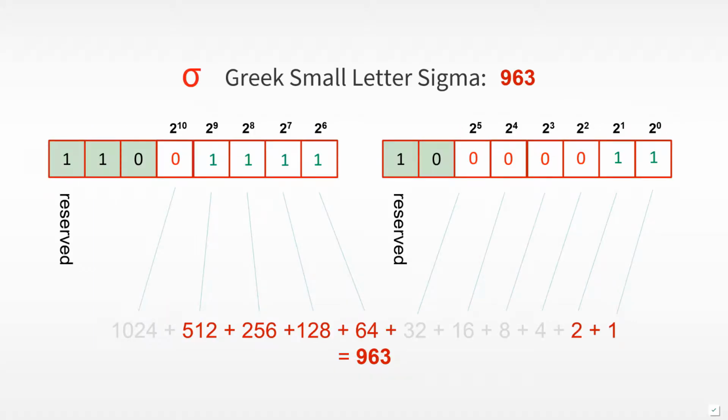We have already seen how decimal numbers can be related to characters. For example, the Greek small letter sigma being represented by the number 963, and how these numbers can be represented based on the UTF-8 encoding in a couple of bytes. But it turns out that it is fairly difficult for us to deal with so many numbers in a row.